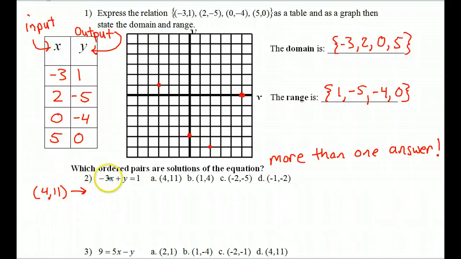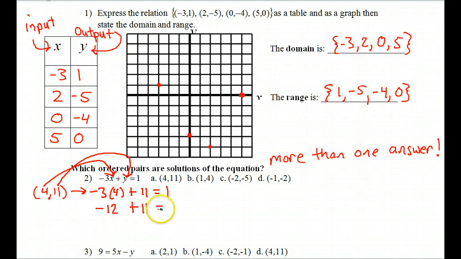So putting the 4 in for x, and putting the 11 in for y, this equation becomes negative 3 times 4 plus 11. And the question is, does that equal 1? Well, negative 3 times 4 is negative 12.